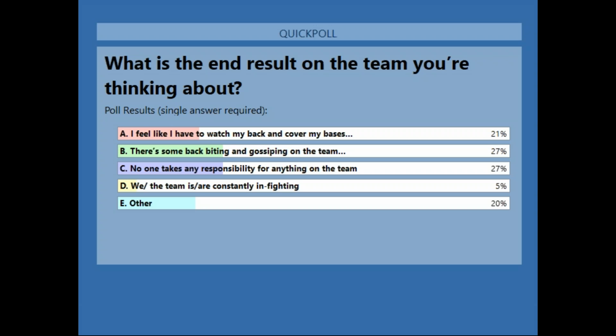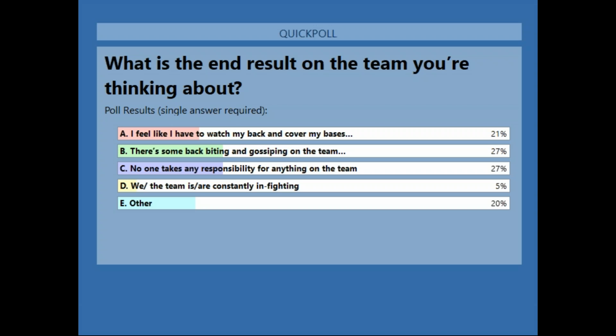27% of you said no one takes any responsibility for anything on the team. It's a wonder how anybody gets anything done in that situation, isn't it? 5% of you said the team is constantly infighting. Yeah, that's also not very pleasant, and it's not something you go home about and celebrate. And the other combination of all of them, it looks like lack of collaboration, direction, transparency, unclear strategy, a lot of change management.